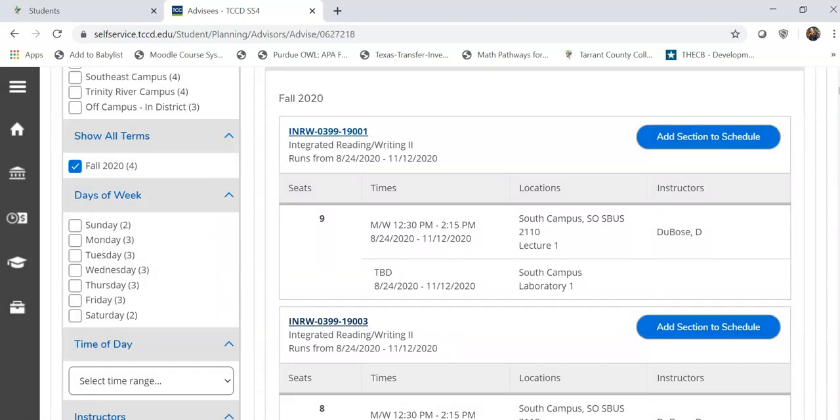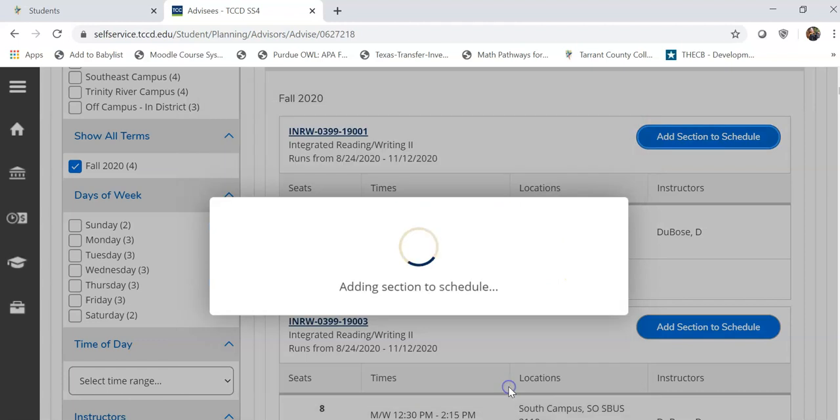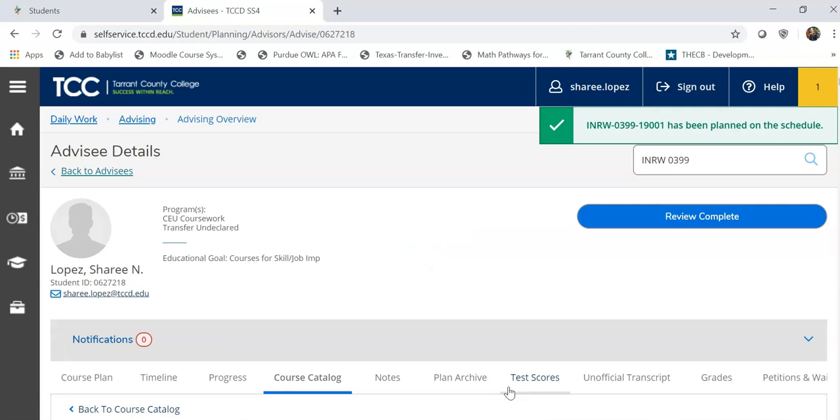So if we decide, yes, we want to take Professor Dubos's class, then we're going to click Add Section to Schedule. That's going to add the INRW class only. What you have to do is go back in there now. Remember how I told you to write down the English 1301 and the INRW 0112 classes?